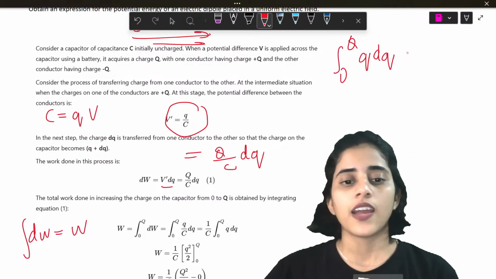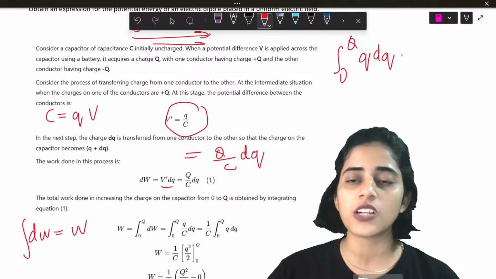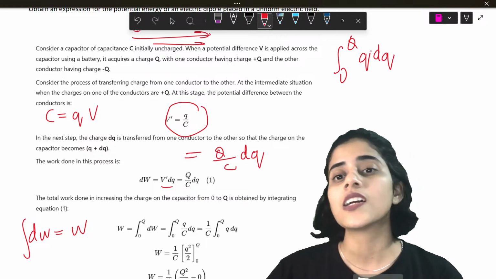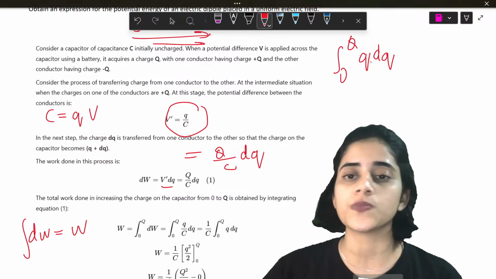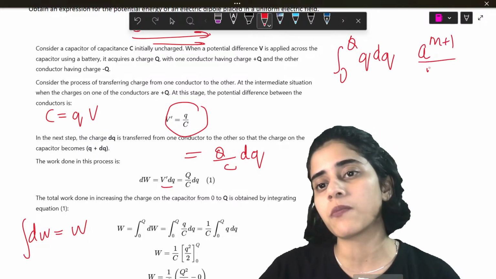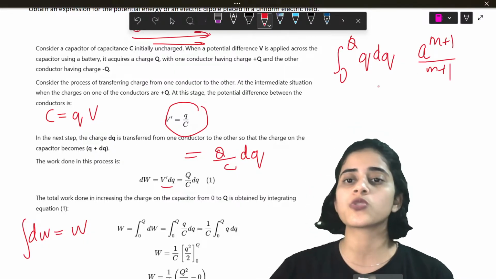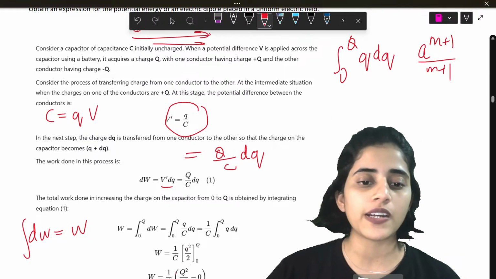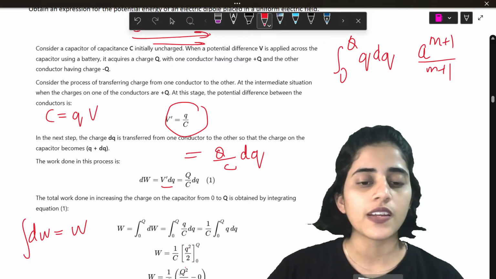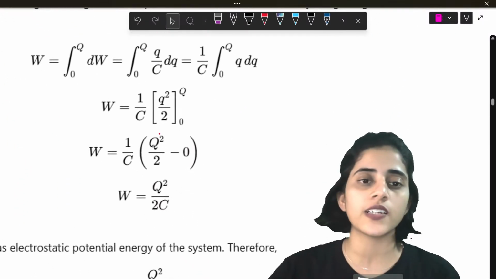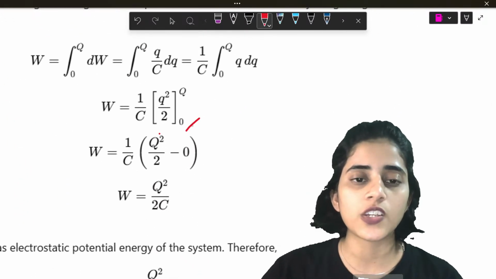Okay. And then, what shall we do? We shall integrate it. So, what is the integral of Q? Q is Q square by 2. Integral of a raised to m is a raised to m plus 1 by m plus 1. So that is how you get Q square by 2.